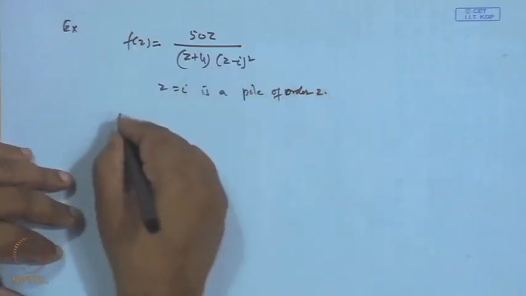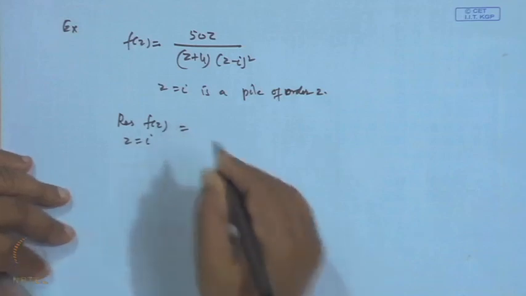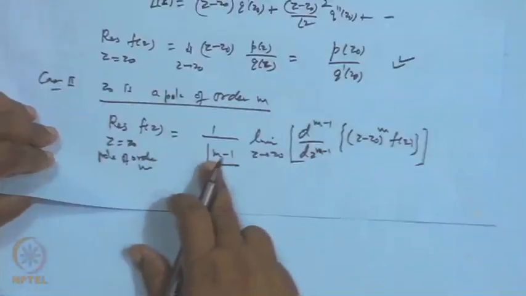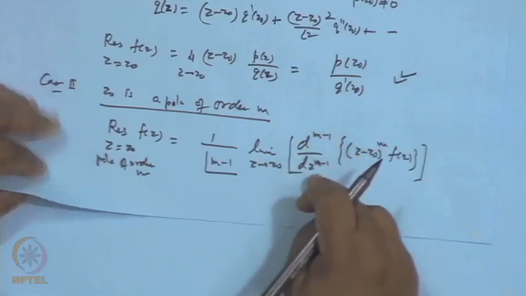So what is the residue of this function f(z) at z equal to i? m is 2, so 1 over factorial (m minus 1) becomes 1, and we take the derivative d by dz.